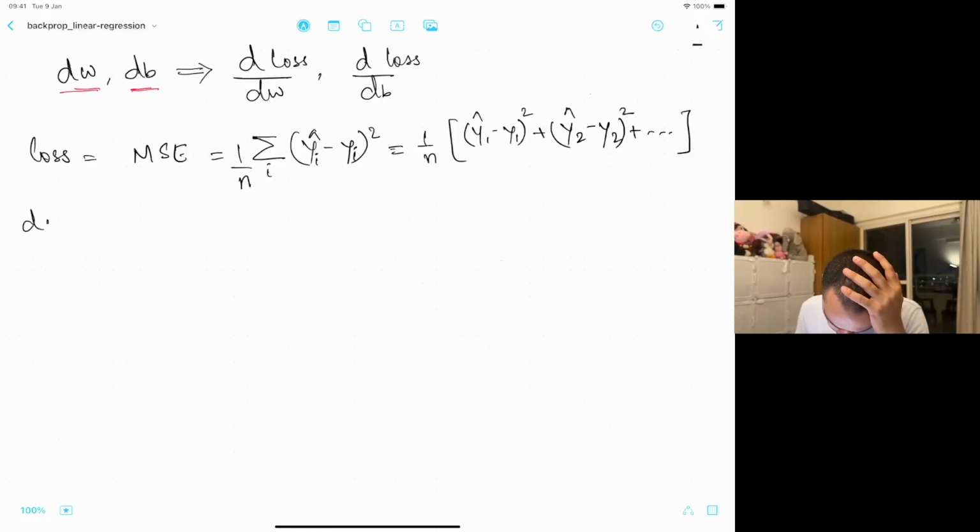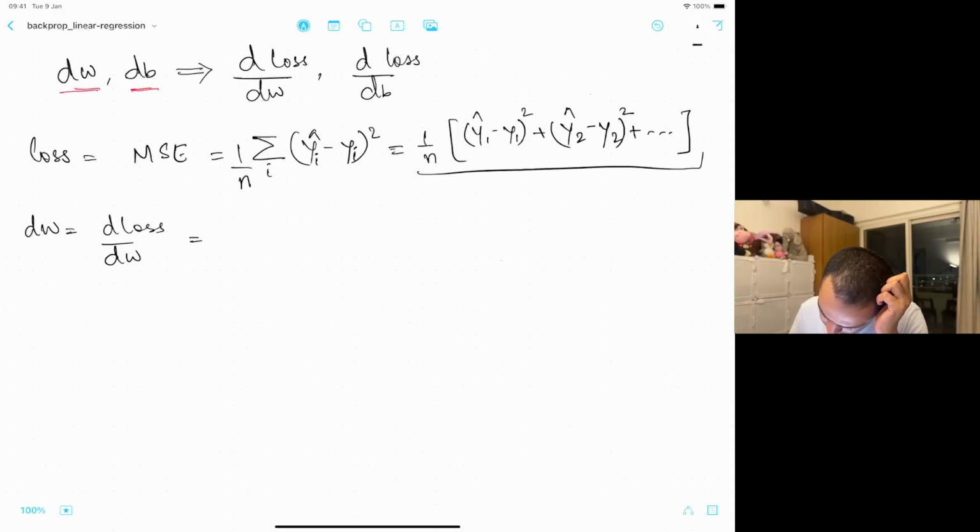Now let's move on to calculate dw. So dw is nothing but d loss by dw, so we take this entire expression and replace it in this equation of d loss by dw. Now 1 over n we can just take out.